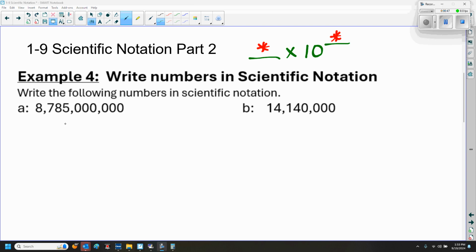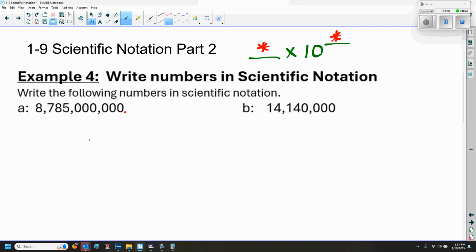So for example, for A, we have 8,785,000,000. This is the number that we are starting with. Now, because we have a very large number, that means that my exponent is going to be positive, okay? So right now, the decimal is right there.